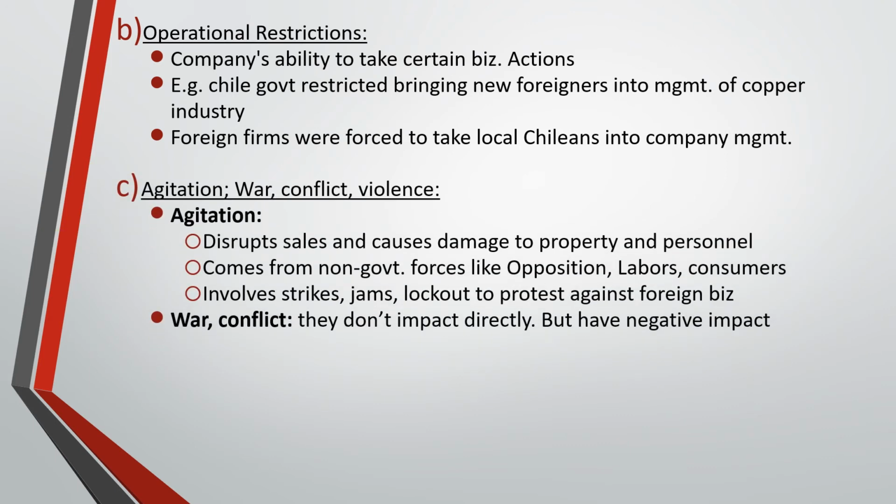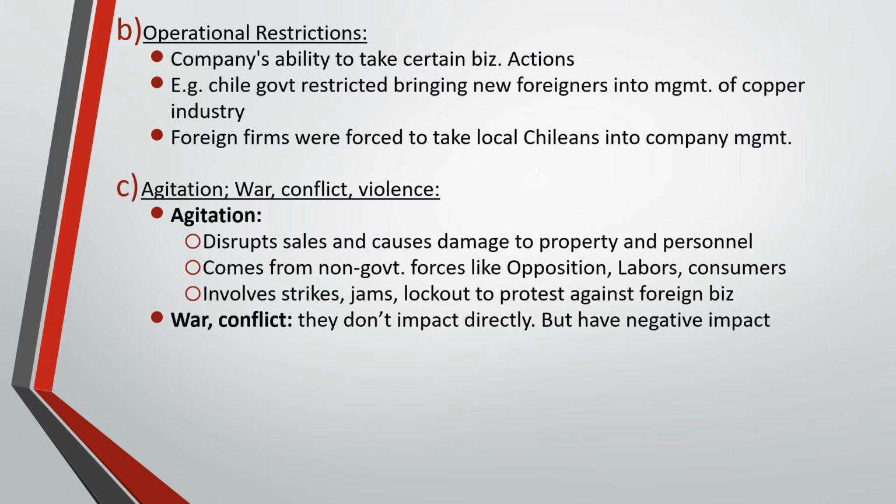Next is agitation, war, conflict, violence. Agitation disrupts sales and causes damage to property and personnel. It comes from non-government forces like opposition leaders, laborers, consumers. It involves strikes, jams, lockouts to protest against the business.